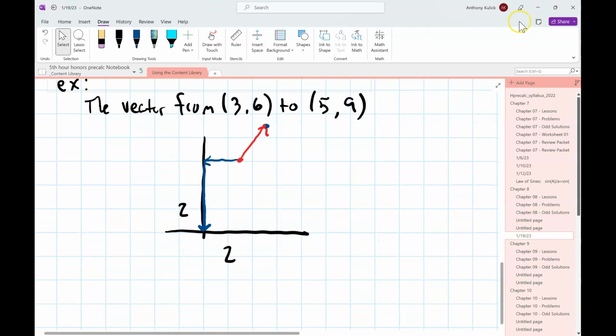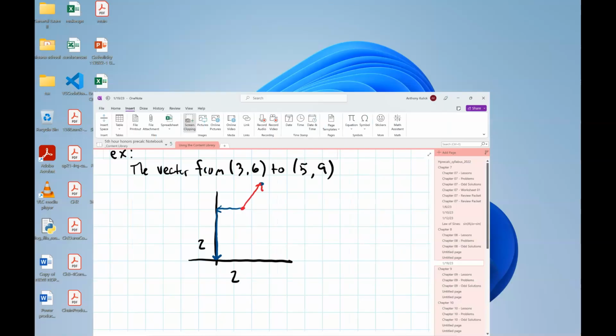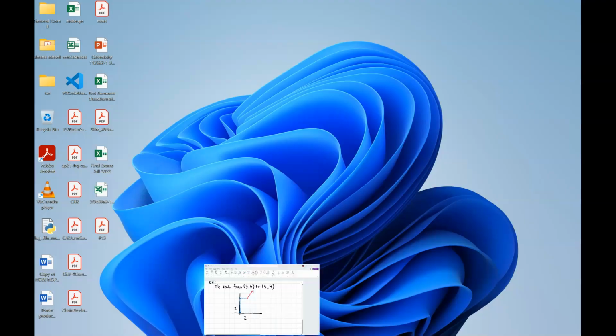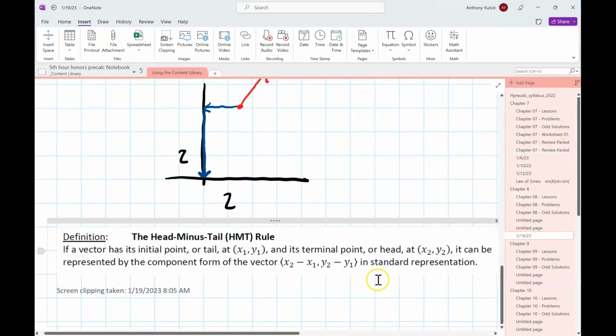So all that said, this just basically boils down to a formula. So let's drop that in. But that's the idea of what we're doing. This formula we call the head minus tail rule.